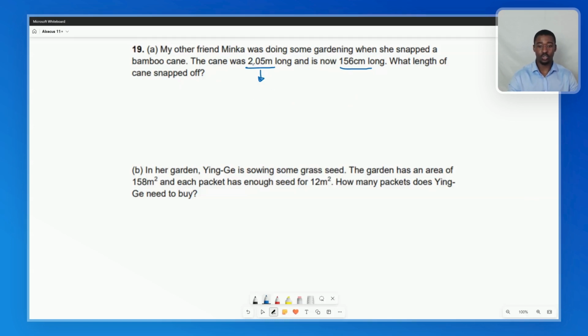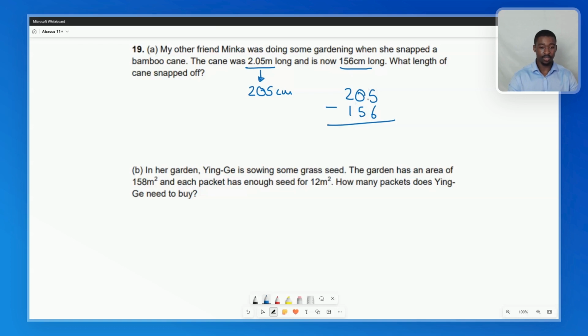So converting 2.05 meters to centimeters, we multiply by 100. So it's 205 centimeters. So now we have 205 minus 156, and we can work out what length was snapped off.